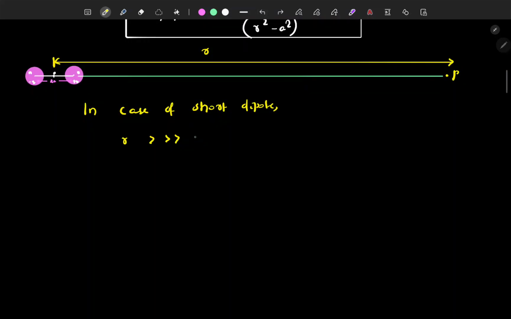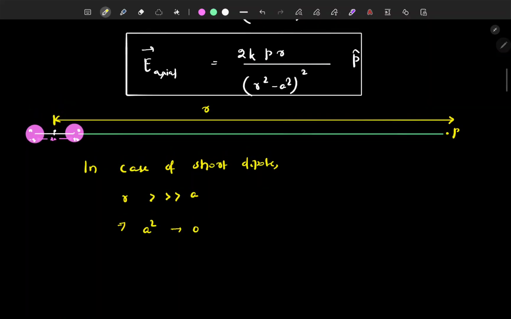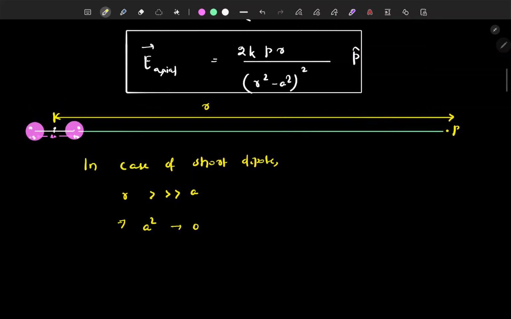As A is very small in comparison to R, A square tends to 0 or nearly equals 0. So for a short dipole, E axial vector will be, instead of A square, we can put 0. So 2kpr divided by (R square minus 0) whole square into p cap.